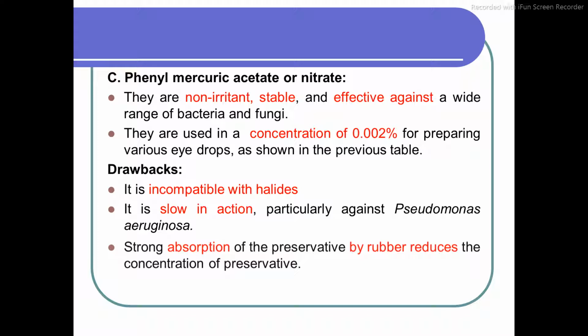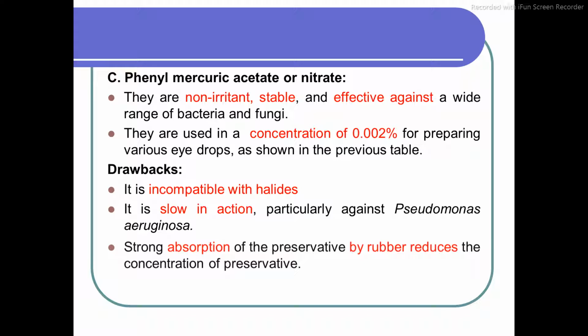Initially, suppose 100% of the preservative is present in your eye drop, but gradually the concentration goes on decreasing, and after some time there will be no preservative in your eye drop because all the preservative enters into the rubber closure. In that case, if the concentration of preservative is less than required, there will be a chance of microbial contamination.